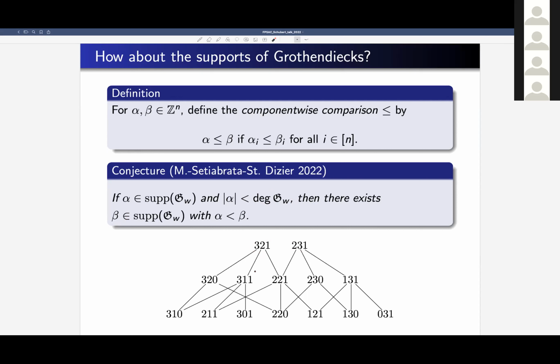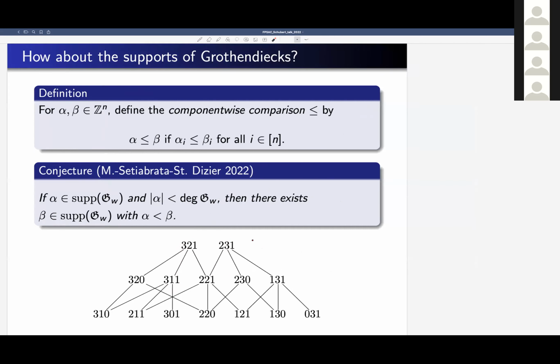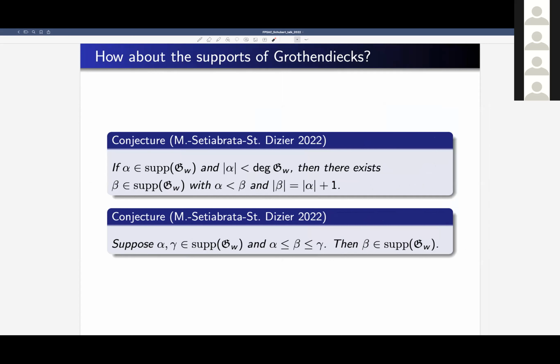So saying, if I look at 3, 1, 1, I expect, in this case, 3, 2, 1 to appear. The next one says I can actually increase just one, so I can increase one of the coefficients and go up. And then the last one says, well, actually take any two that are in the support and you'll find somebody in between.